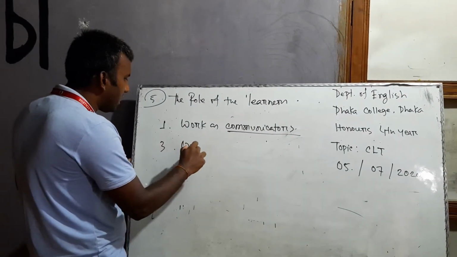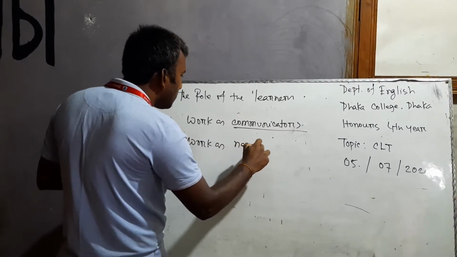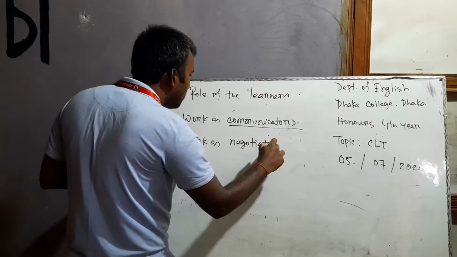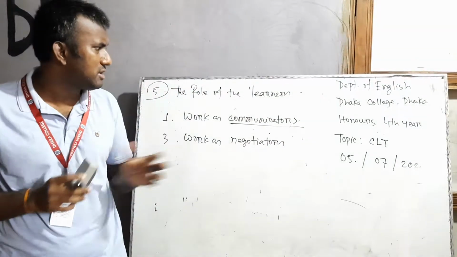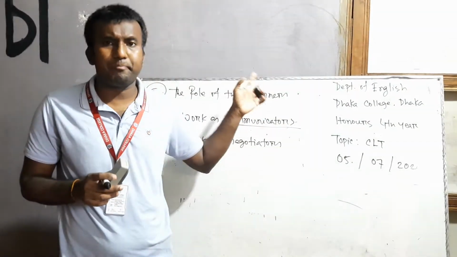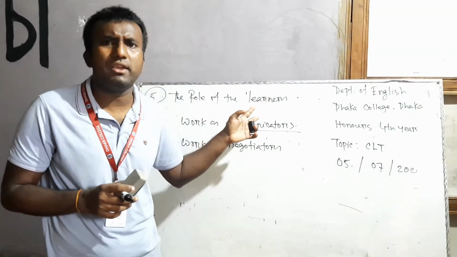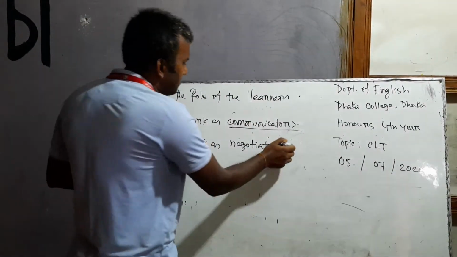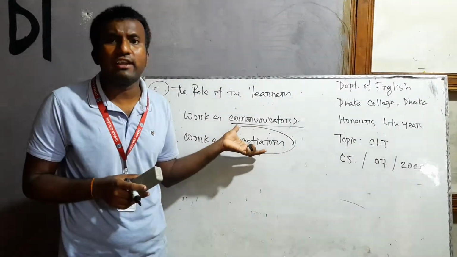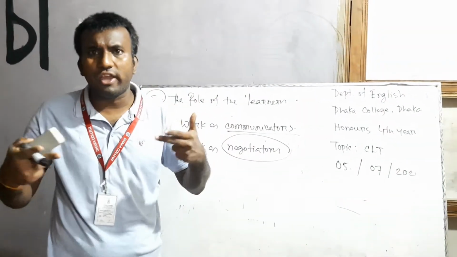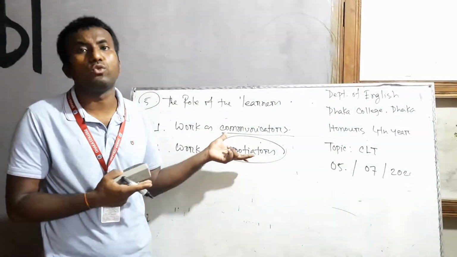They also work as negotiators. I have already told you that in this approach there will be a lot of participants, and these participants will talk to each other in different activities, and while they talk with one another, they will have to negotiate with one another.